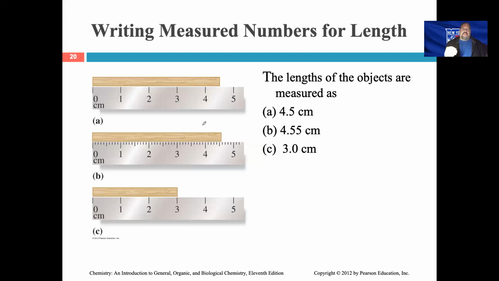So if you feel like it falls right on a marking, you would write a 0 as the estimated figure. For example, just to go back to letter B, if we felt that the wooden plank fell at exactly 4.5, then we would write that as 4.50. And that would tell the reader that you felt the wooden plank fell exactly at that 4.5 value.